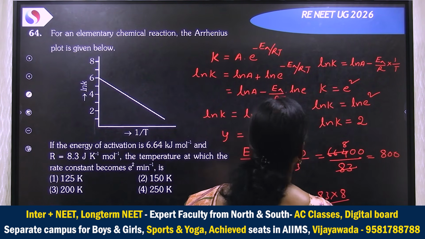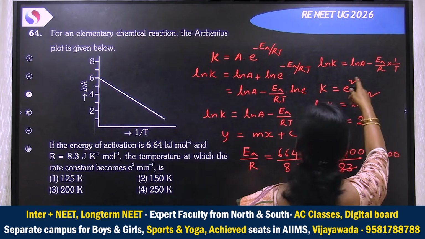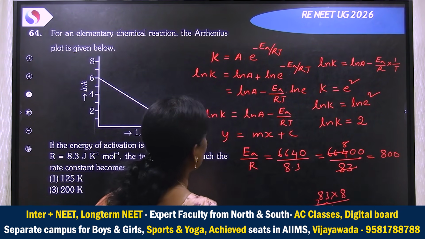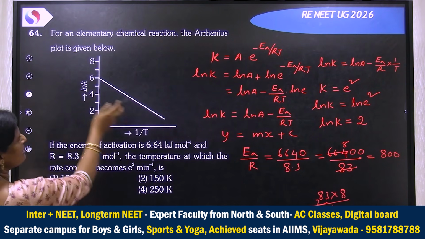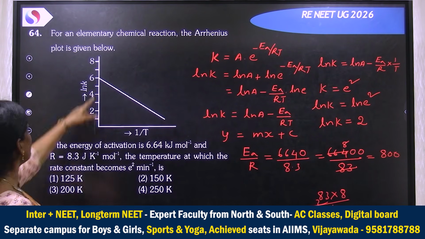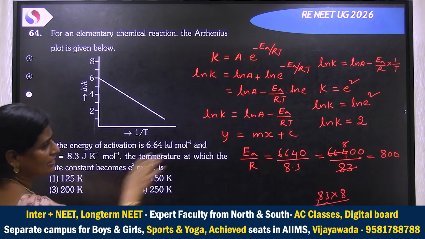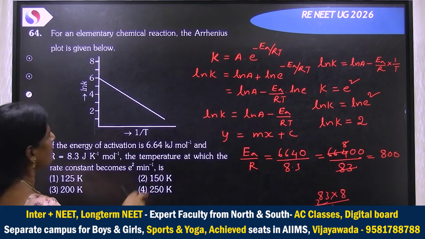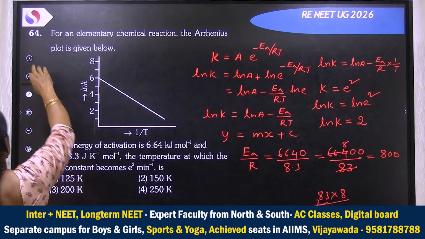So in place of ln k, we substitute the value 2. What is the ln A value? It is also given in the question, in the graph, the intercept. The intercept is equal to 6. So Ea by R is 800, and we have to find the temperature based on these values.